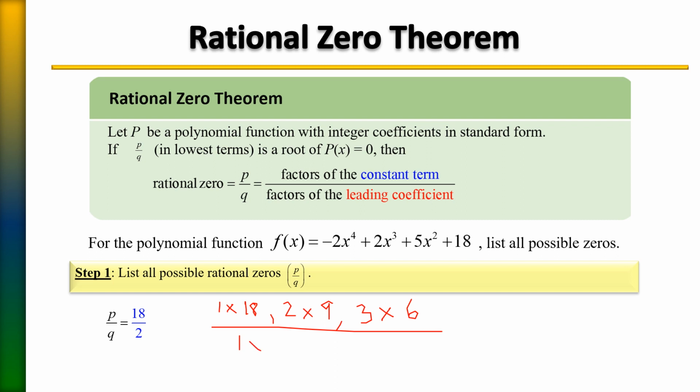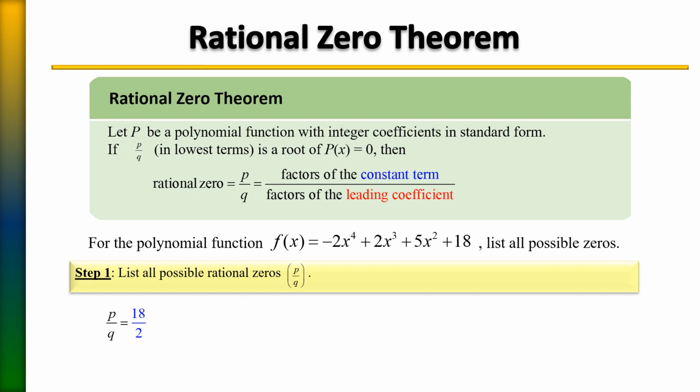So 1 times 2. All right, now you don't need to write it like that. I just did this to make a point that 18 has 1, 2, 3, 4, 5, 6 factors, and 2 has 2 factors.